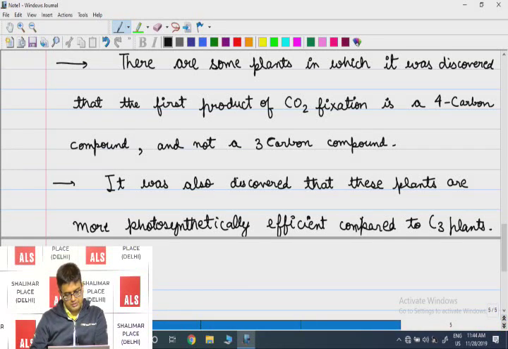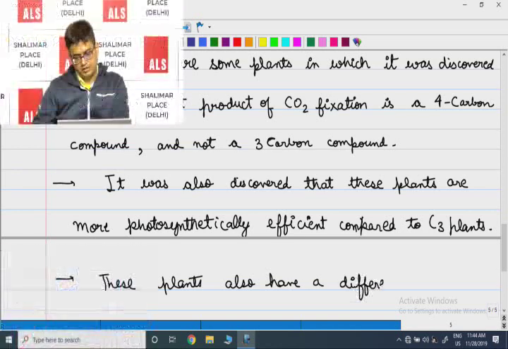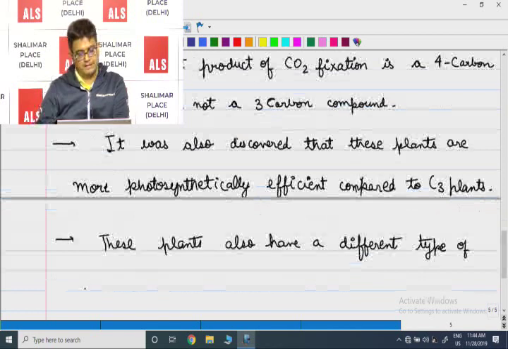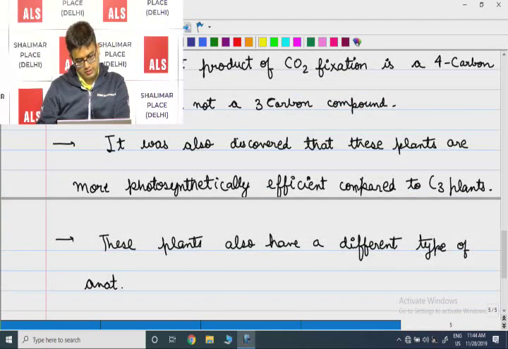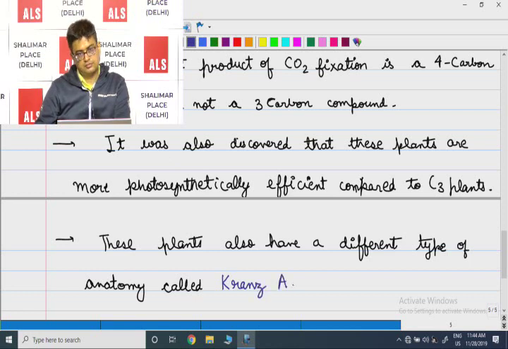These plants also have a different type of anatomy or construction, called Kranz anatomy.